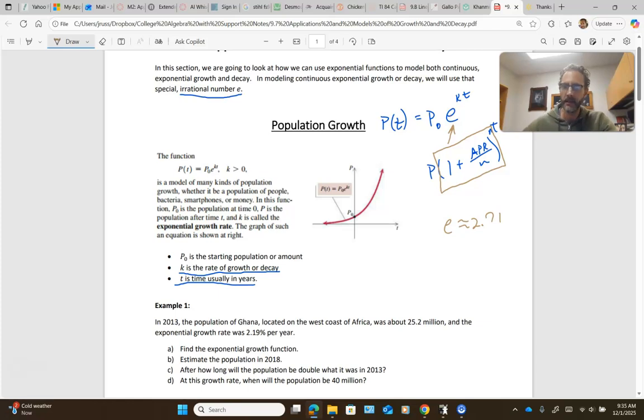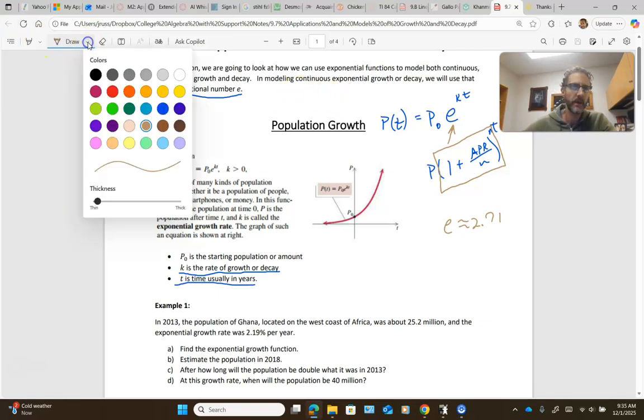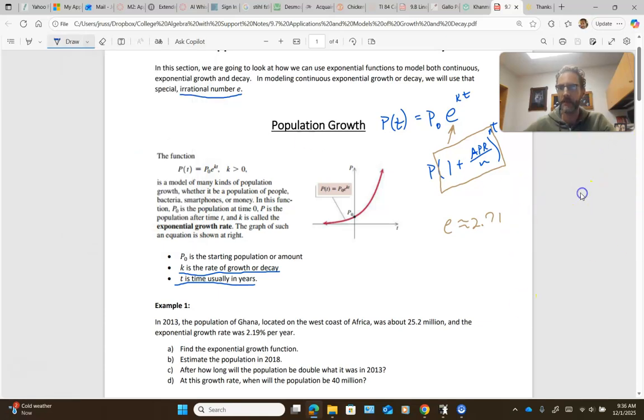So when we were working with those interest rate problems, interest wasn't growing continuously. It was growing, or it was being compounded monthly, maybe daily, quarterly, etc. But we can sometimes model processes as if things are growing or decaying continuously.